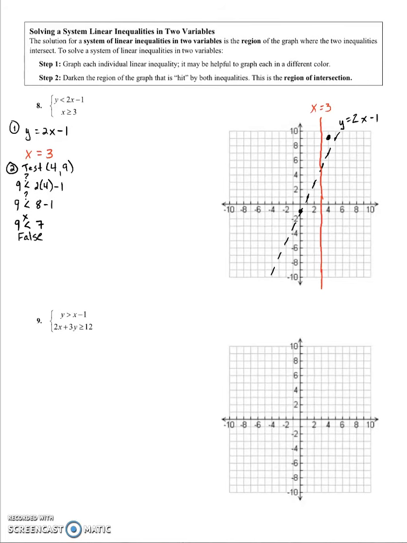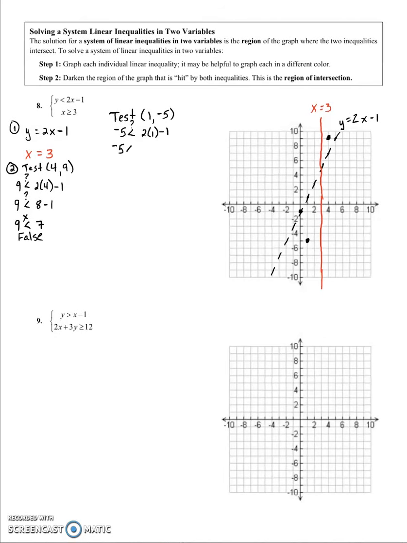So let's test another point. Let's test the point 1, negative 5. So 1, negative 5 is down here. Okay, so if we plug into the first inequality, we have negative 5, and we need to know if that's less than 2 times 1 minus 1.